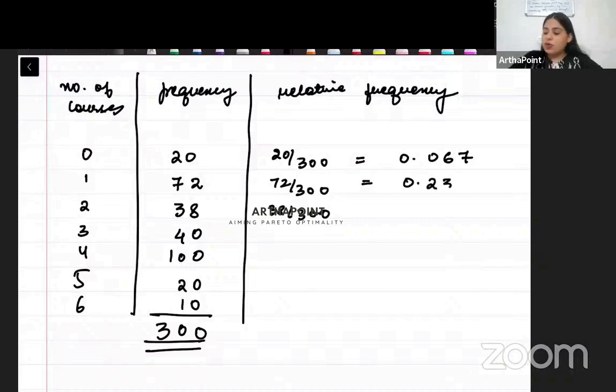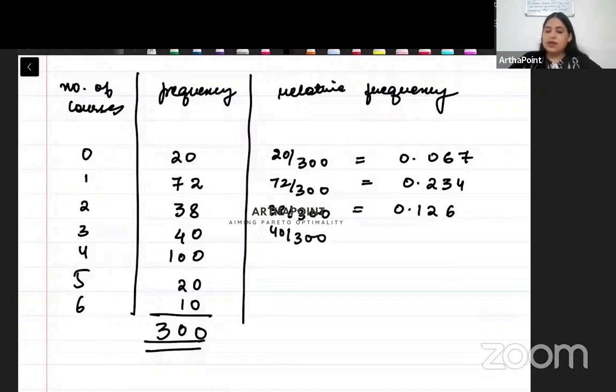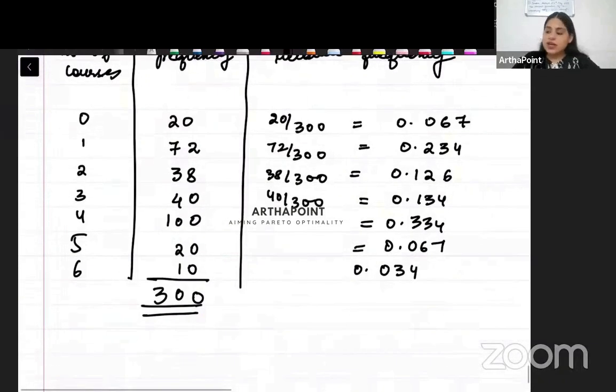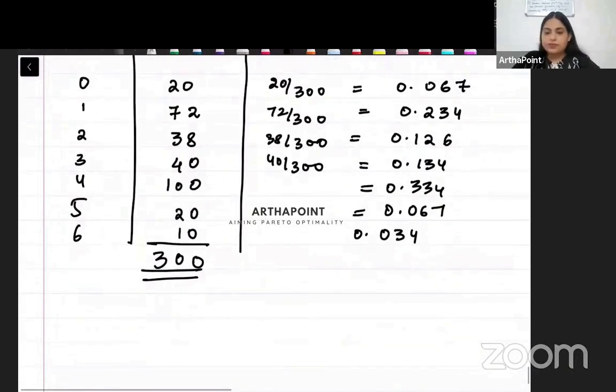Then you will get 0.234. Then you will get 0.126. Keep doing this. 40 by 300. You will get 0.134, 0.334, 0.067, and 0.034. Please verify it once that you are getting these digits only.